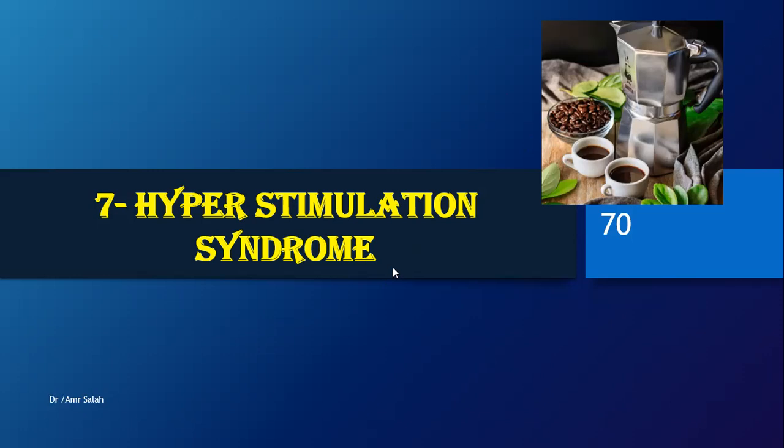today we're going to tackle the ovarian lesions first. So we have two entities here that we have to differentiate. The first is the hyperstimulated ovary, and the second is the hyperstimulation syndrome.